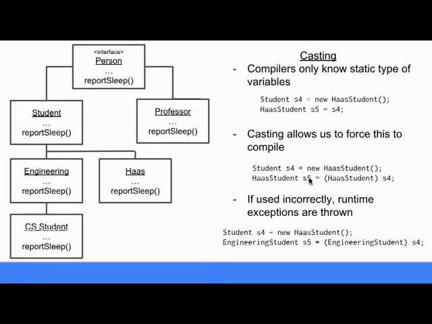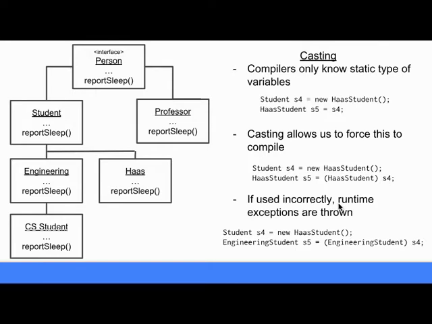If we wanted this line to compile, all we would need to do is put in parentheses the type of S4 in which it truly is. So this would actually compile, because luckily, S4 turns out to be a host student in the dynamic type. So at runtime, we won't be encountering any errors.